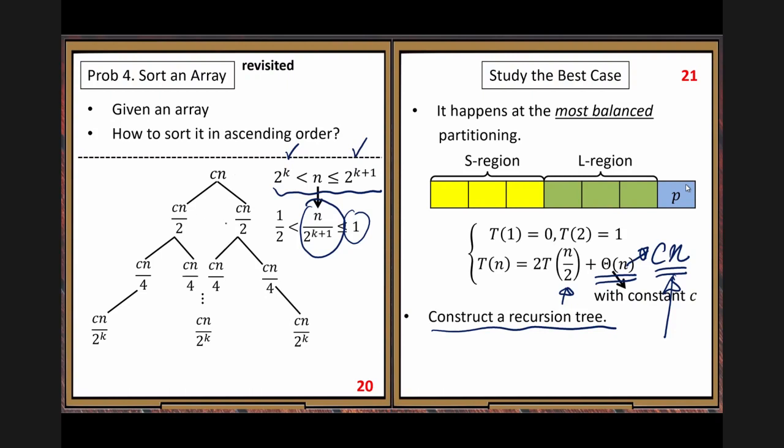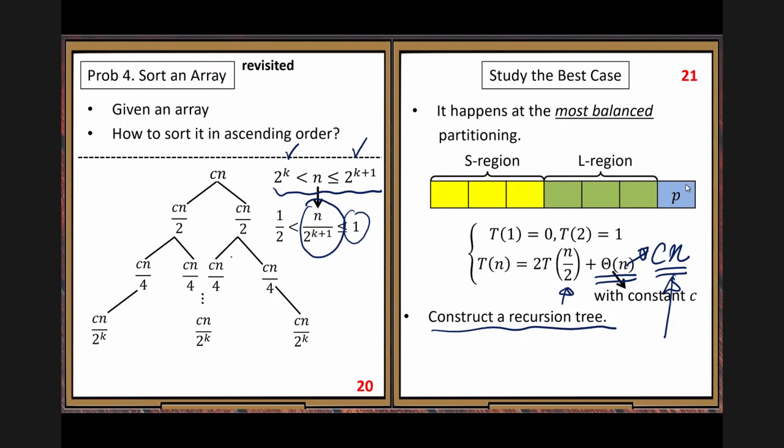Next level, Cn over 2, but we have 2 nodes, so if you accumulate, second level, you still get Cn.